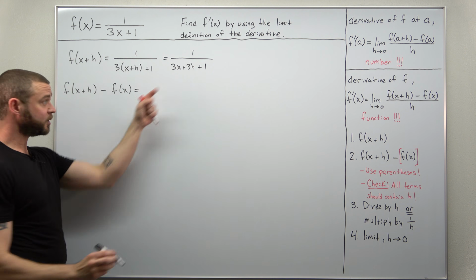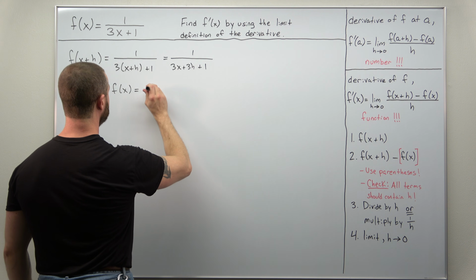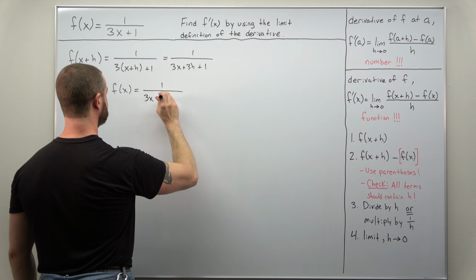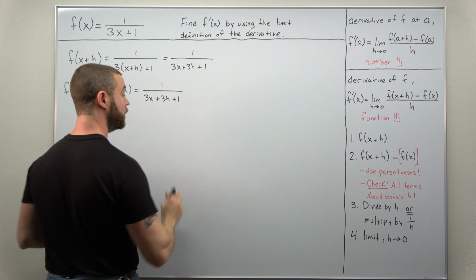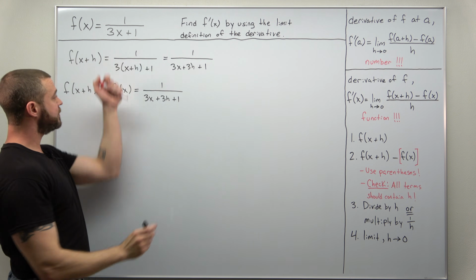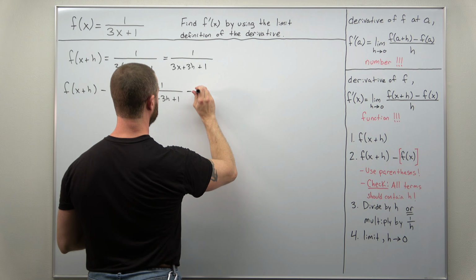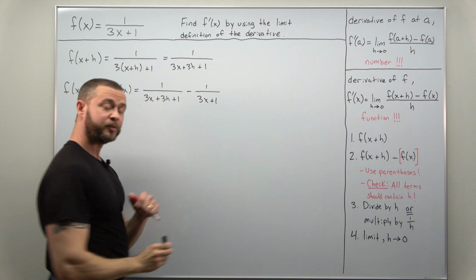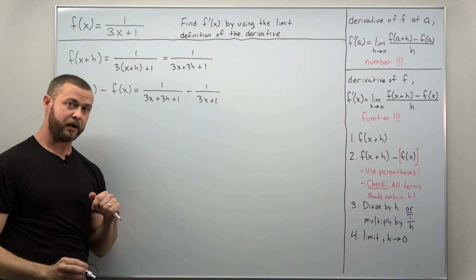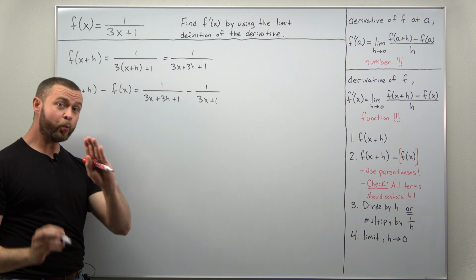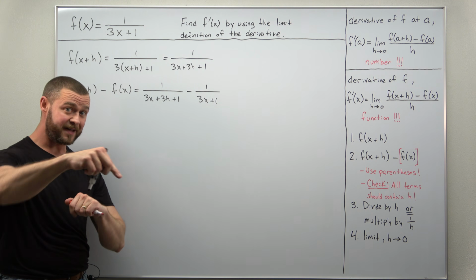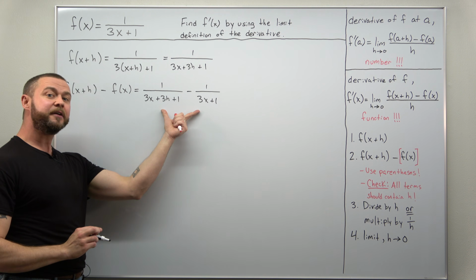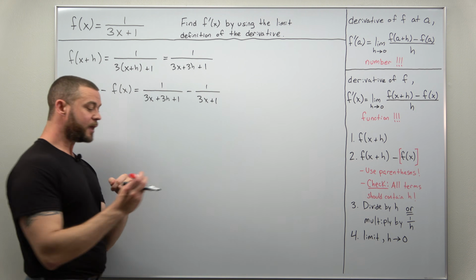So we have f of x plus h, which is this fraction 1 divided by 3x plus 3h plus 1, and we're going to be subtracting f of x. And we're subtracting here 1 over 3x plus 1. All right, it's the same work as the previous problem. Again, that's linked down below in the description, but your LCD is going to be a little bit more complicated here. So let's go ahead and write that down.